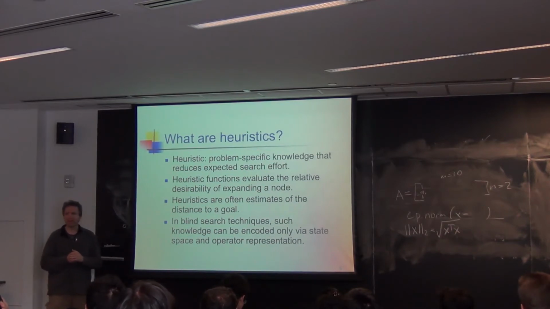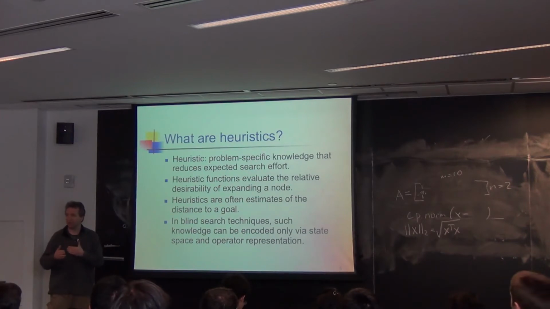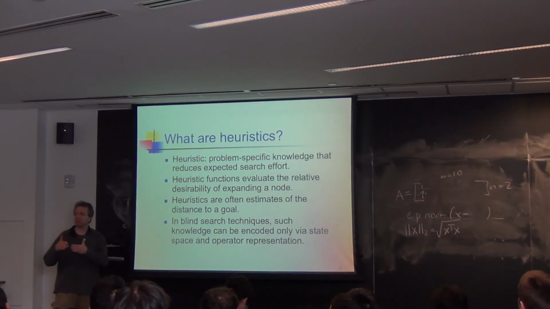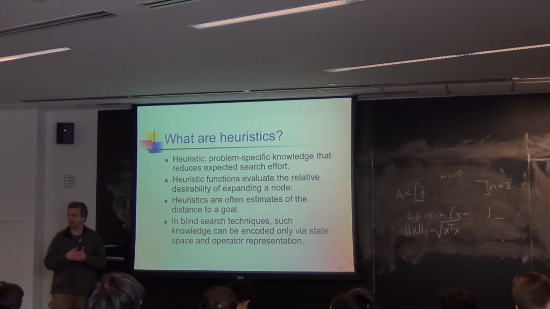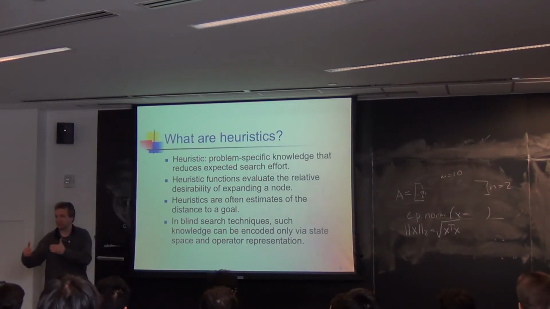They're often either metaphorically or actually distances from the goal. In the case of the 8 puzzle, you're saying how many moves you'd have to do to get to that goal. Or in some kind of pathfinding, minimizing distance, you're trying to say how far I would have to go.